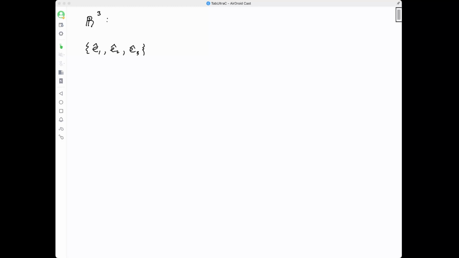And these vectors are defined this way. E1 is equal to 1, 0, 0. E2 is equal to 0, 1, 0. And E3 is equal to 0, 0, 1.